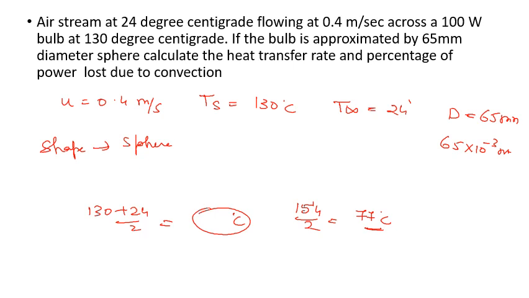For those properties at 77 degrees centigrade, kinematic viscosity is 2.08 into 10 to the power minus 5 meter square per second. K is equal to 0.03 watt per meter degree centigrade, and Prandtl is 0.697.